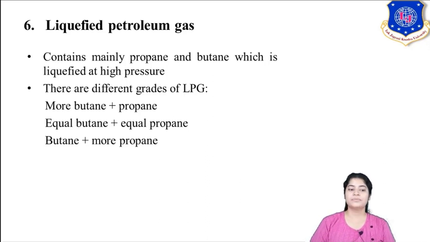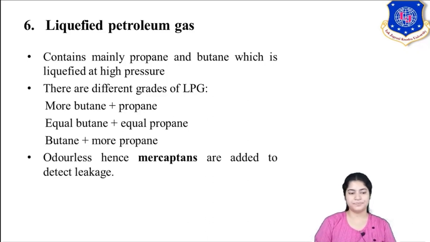One more thing to note is that butane is heavier than propane, and the tendency of a heavy gas is to settle near the ground. So in northern areas, because pressure is less, we keep the propane composition higher, because propane is lighter than butane. That is the reason we divide LPG into different grades.